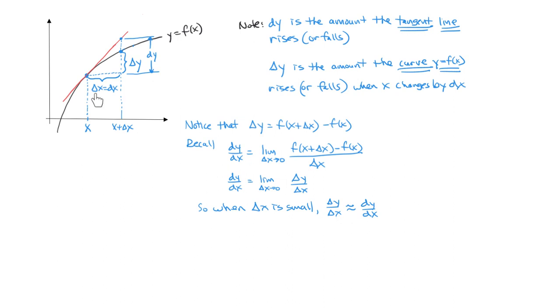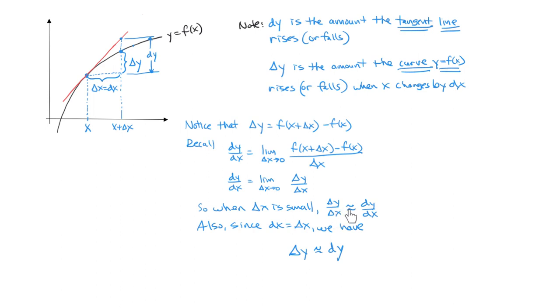Also, if you look in the picture, delta x and dx are exactly the same. So since these denominators are the same, then we could say, since dx equals delta x, we have delta y is approximately equal to dy. Just from up here, right?